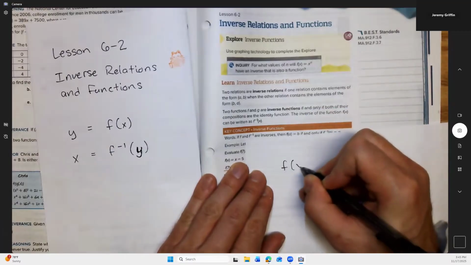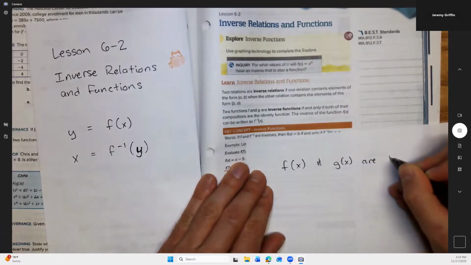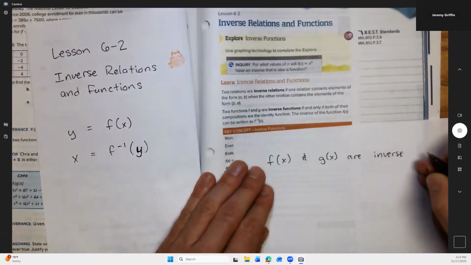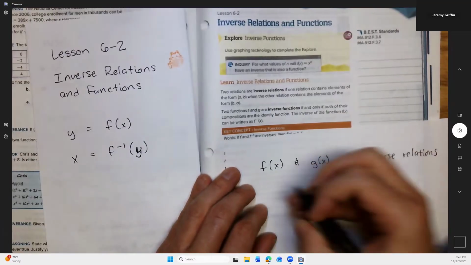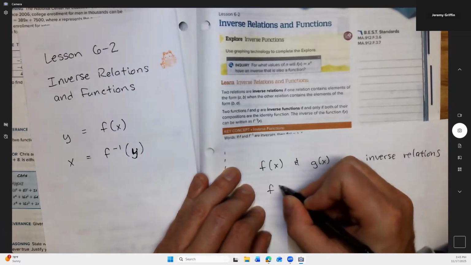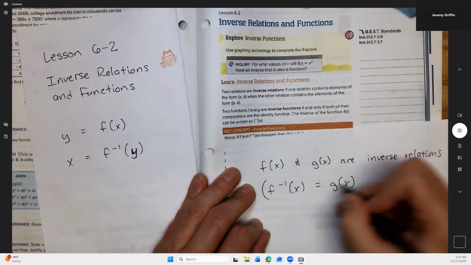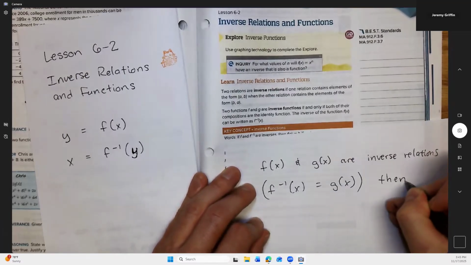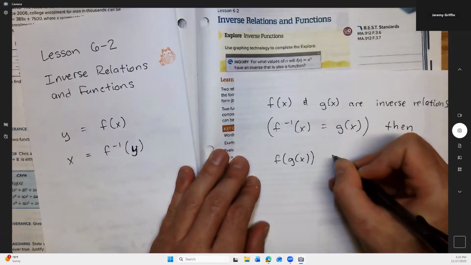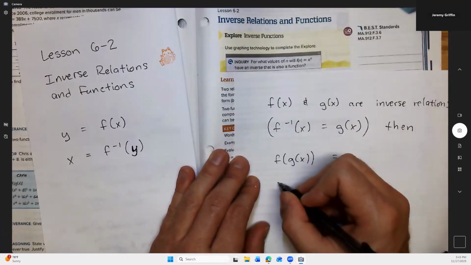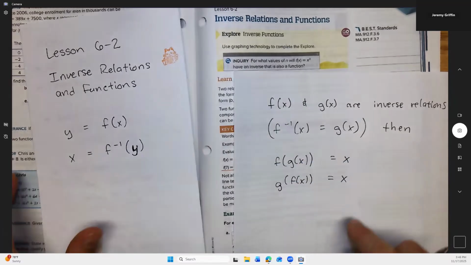If f of x and g of x are inverses, or have inverse relations, that's to say f negative one of x equals g of x, and vice versa, then if I take f of g of x, I should just get x. And if I take g of f of x, I should also get x.